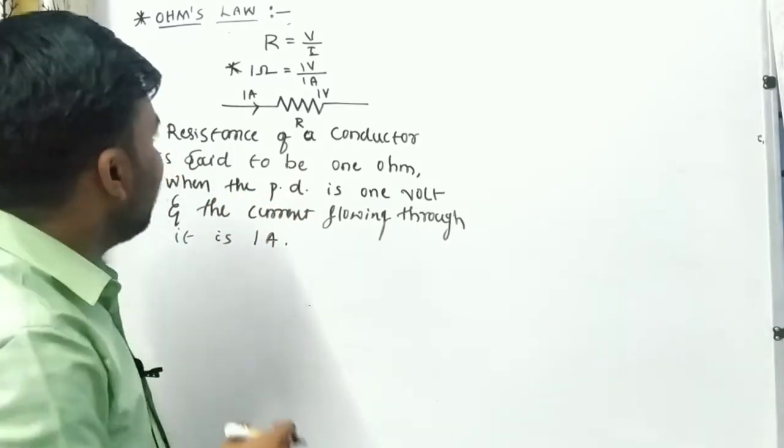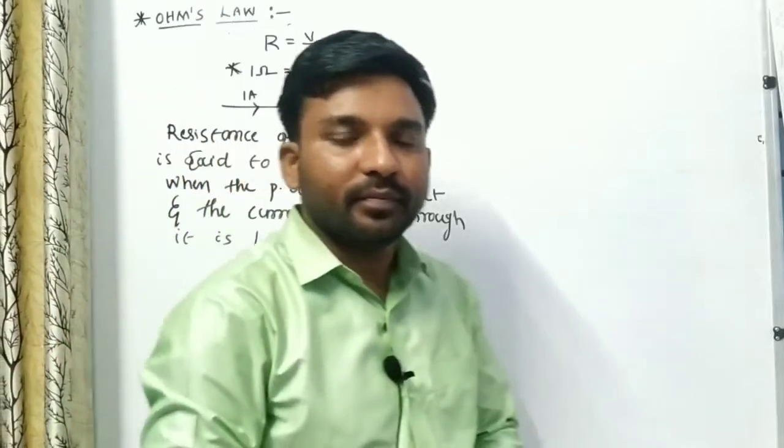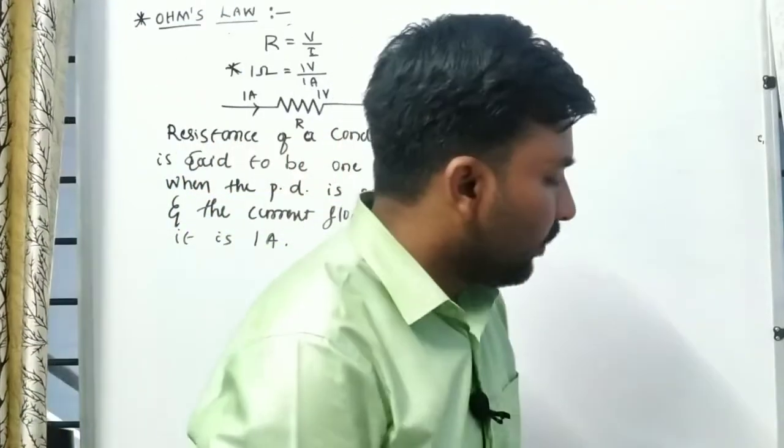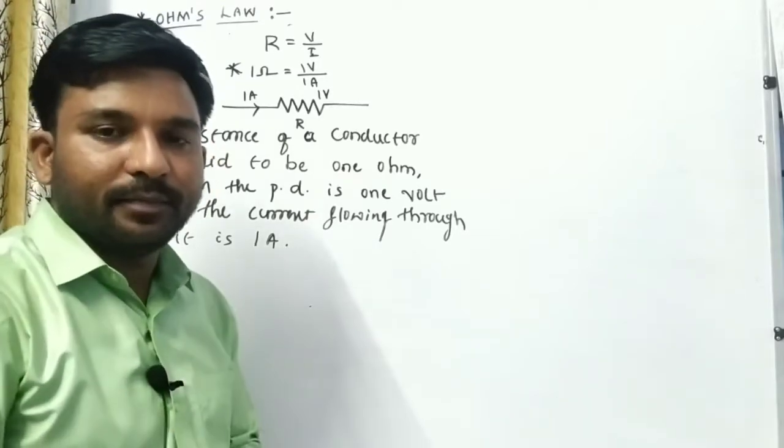Then we will say the resistance of the conductor is 1 ohm. Got it? Fine. Now these things are related to the resistance.